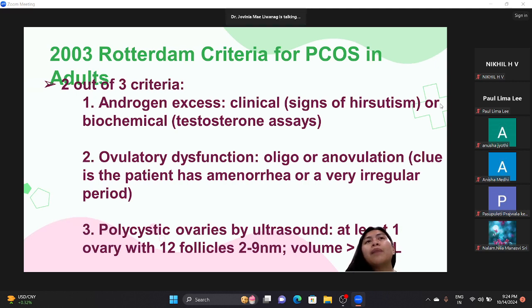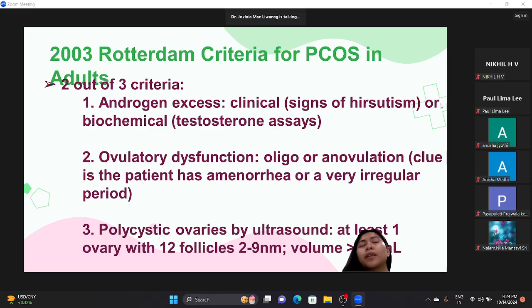Number 2, ovulatory dysfunction. For example, oligomenorrhea, meaning minimal menstruation, or anovulation. This will be the clue that the patient has amenorrhea or a very irregular period. So that's a clue that the patient has ovulatory dysfunction.